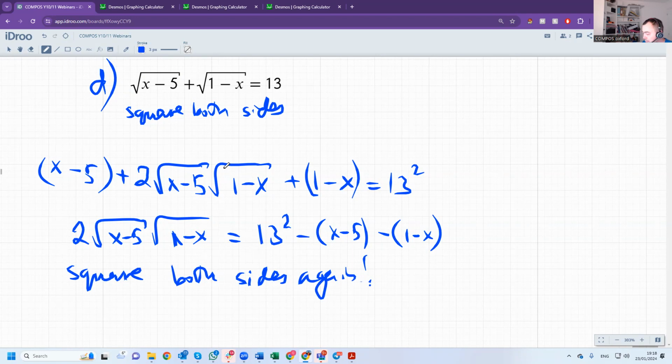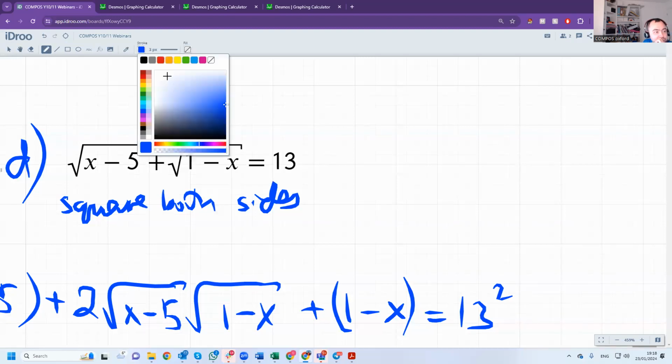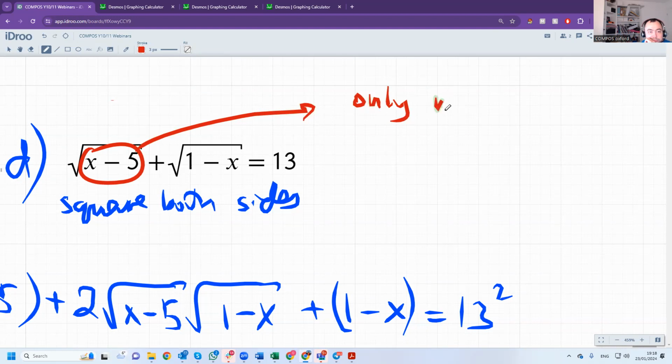However, let's analyze what we have here. This expression only makes sense if x is greater or equal to 5.